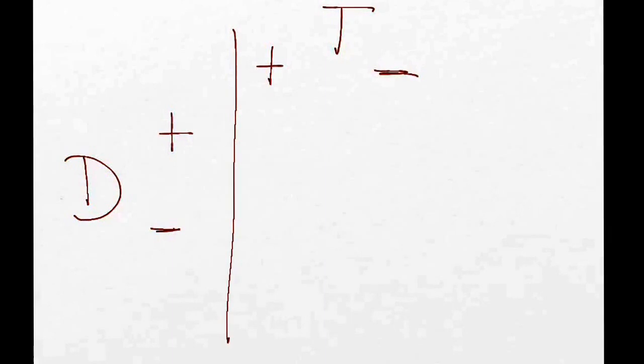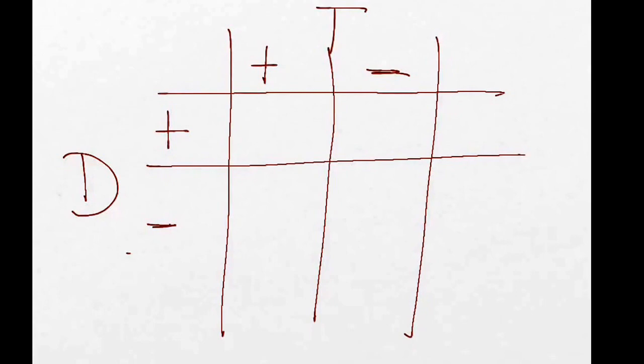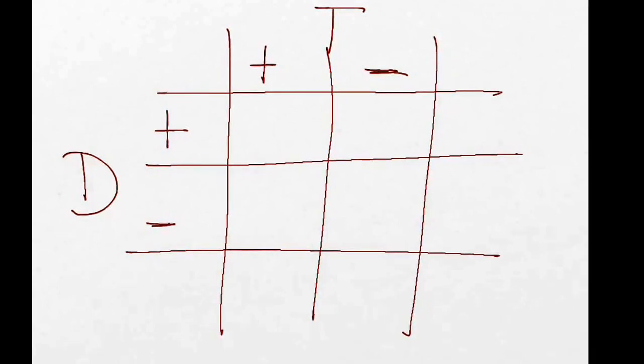Right, what we can do now is put these numbers into our famous 2x2 tables, a contingency table. So we say we have the disease, plus or minus, and we have the test, plus or minus. That's our contingency table.